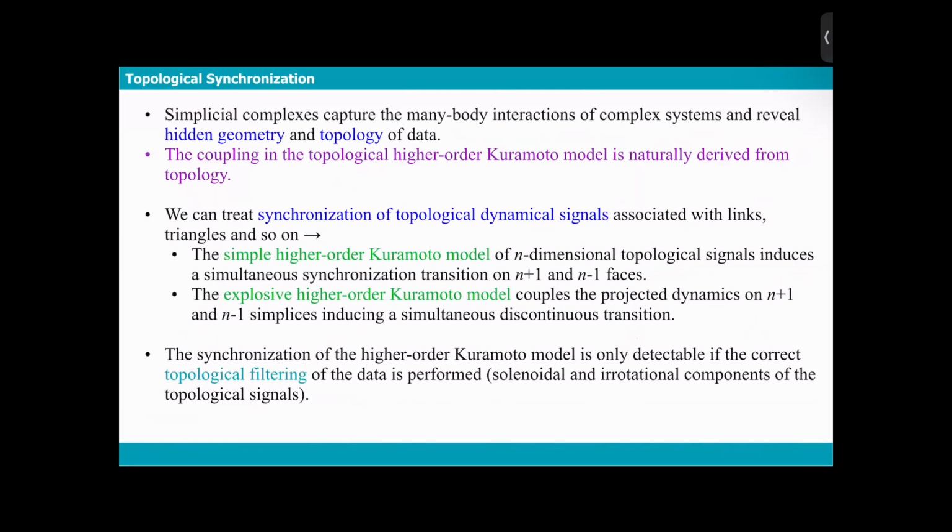So to summarize, in this topological higher-order Kuramoto model, the coupling is naturally derived from the topology via the Hodge Laplacian. And depending on whether there is coupling between the lower and upper dimensions, we can find either an explosive or a continuous transition. In either case, we will only find this if we apply a topological filtering on the data.